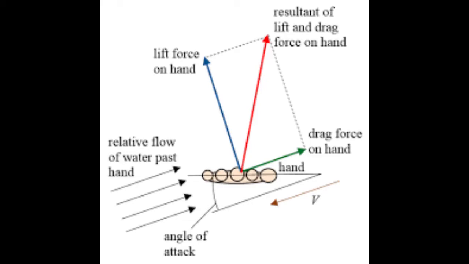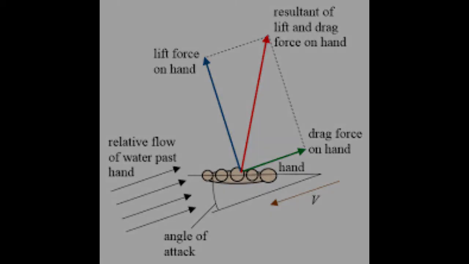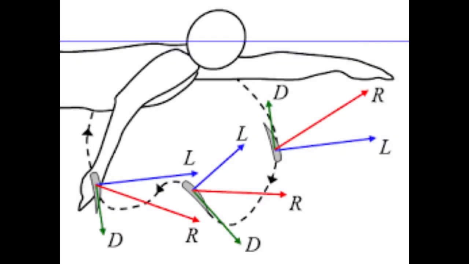Swimmers use a complicated hand motion to generate the maximum thrust possible depending on the swimming style used. We can see this in the picture for the front crawl. Note that D is the drag force acting on the swimmer's hand, L is the lift force acting on the swimmer's hand, and R is the resultant force acting on the swimmer's hand.